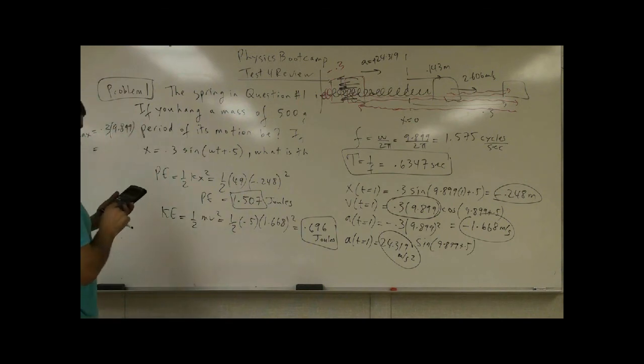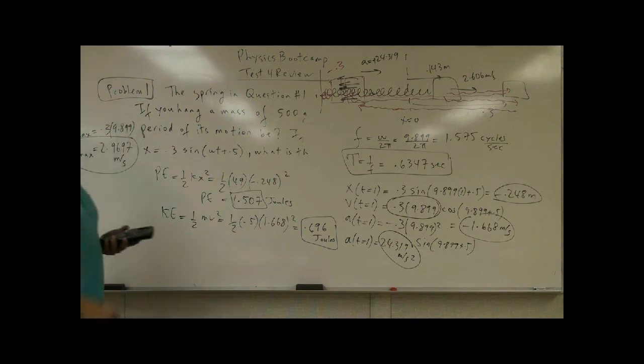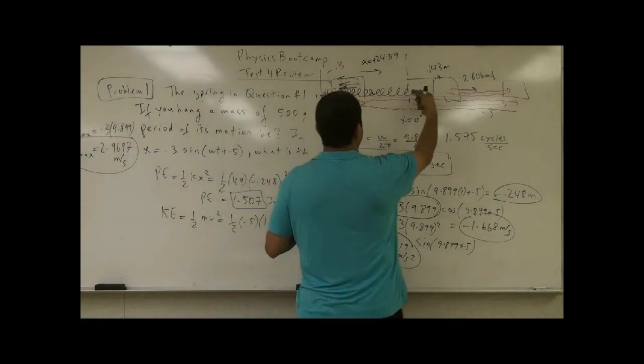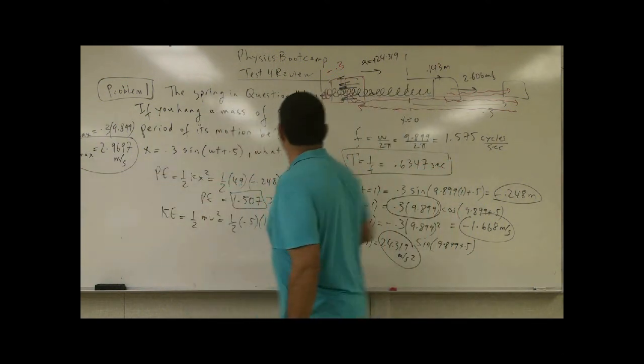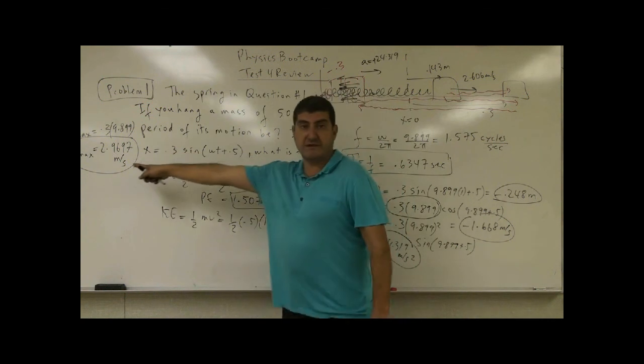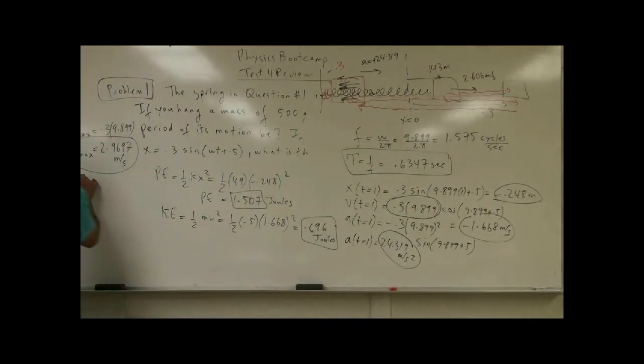So 0.3 times 9.899, that gives you 2.9697 meters per second. Okay? So that means in the middle, if it's going to the left, it's going to have negative of that velocity. And if it's moving to the right, it's going to have positive of that velocity. That's the fastest, right?